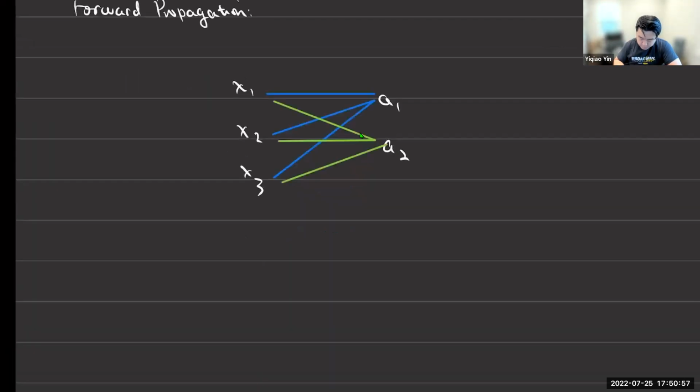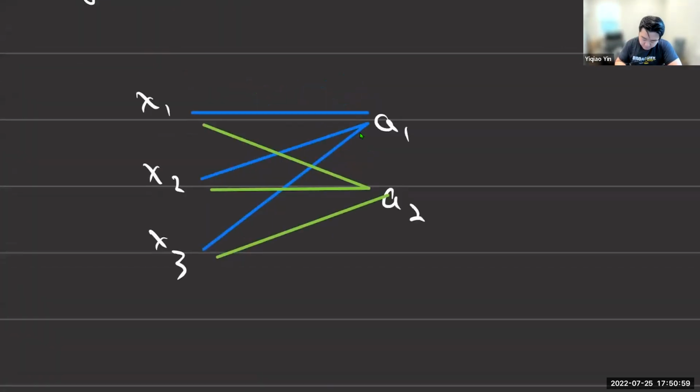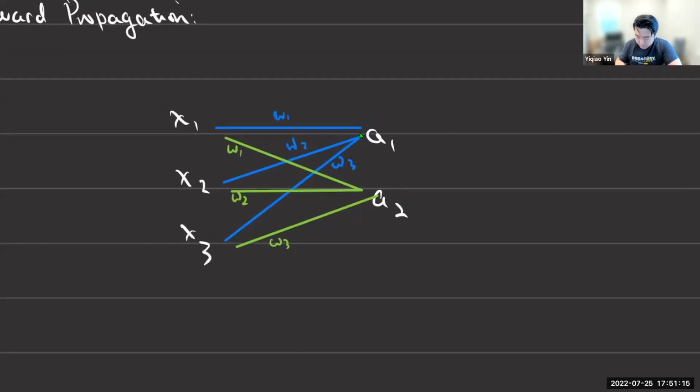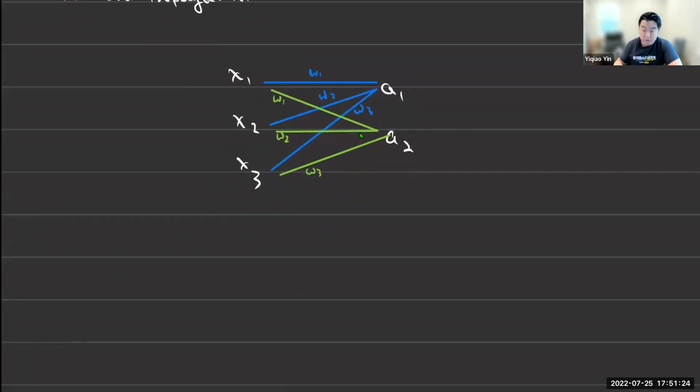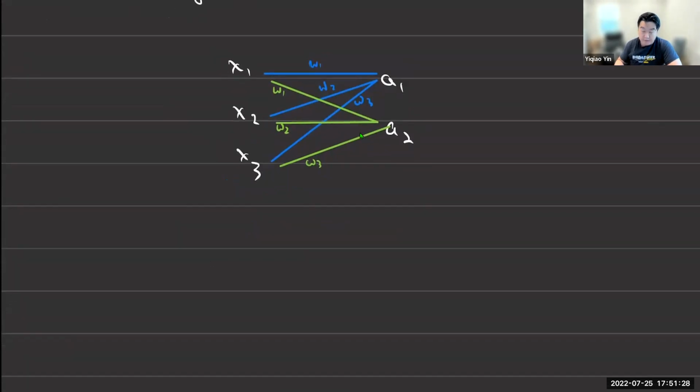First things first, let's just take baby steps. This is blue color W1, W2, W3, and then you have green color W1, W2, W3. When you work out the math for these two neurons, you better write out all of them. I'm going to try to avoid the sigma symbol, but you can very well write it out as a sigma symbol.